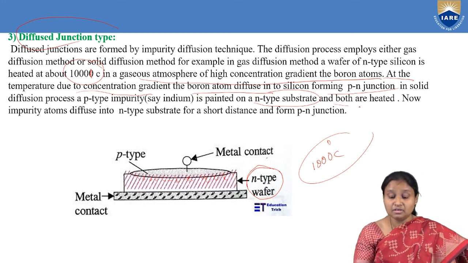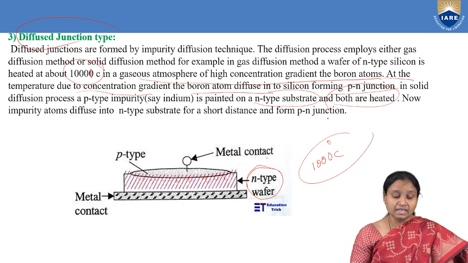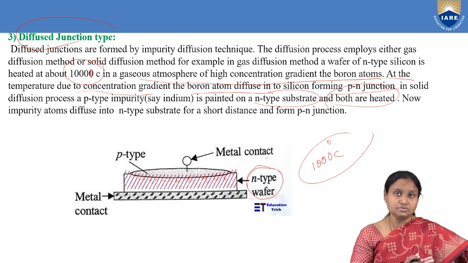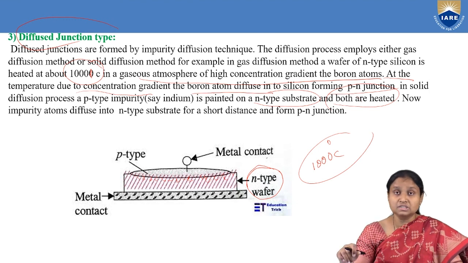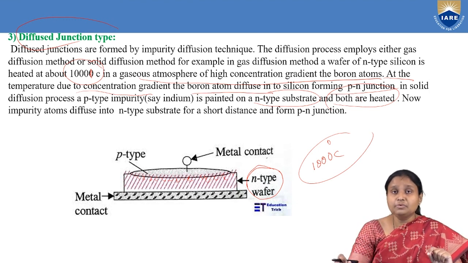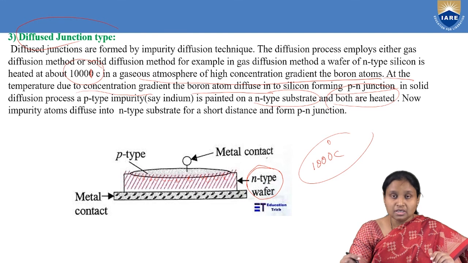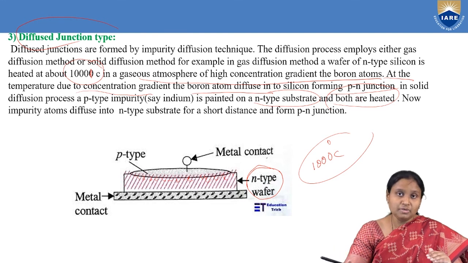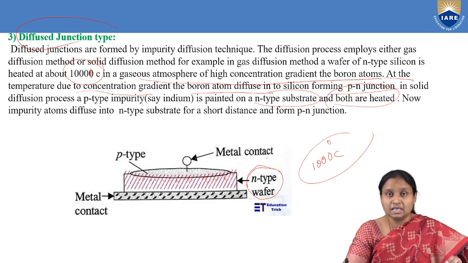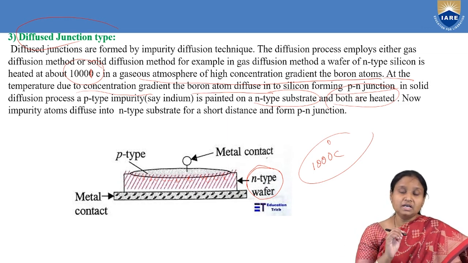And as we know, we are doing all this process at high temperature. So what is the difference between fused or alloyed junction type, as well as this diffused junction type? In diffused junction type, you are taking your impurity atom in gas form, and you are doing it at very high temperatures. Whereas in fused type, what we are doing is putting a trivalent impurity in molten state.